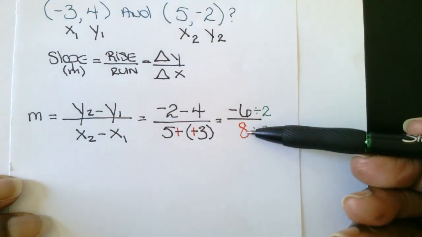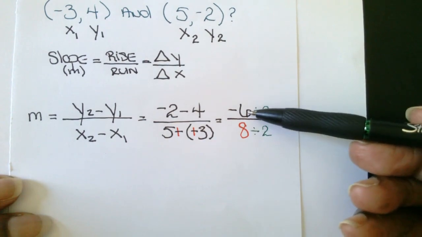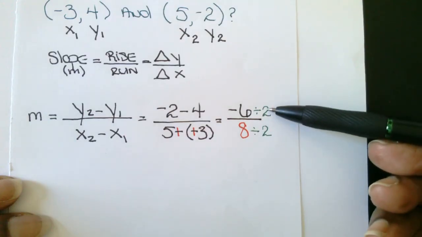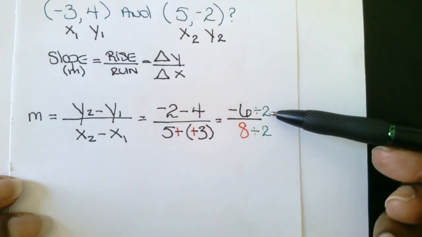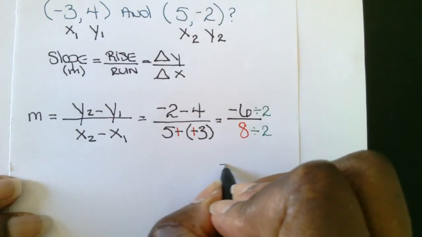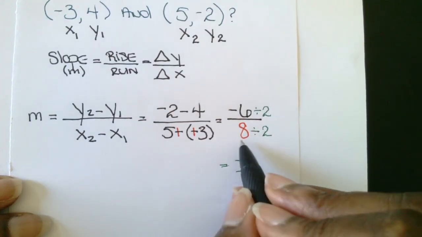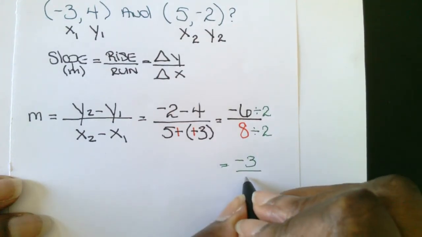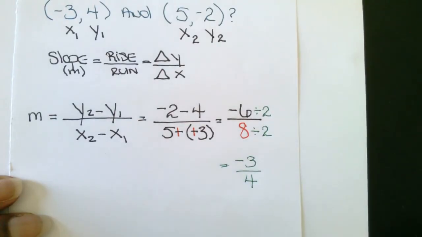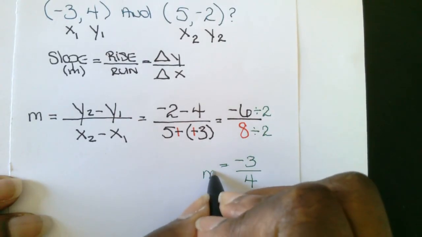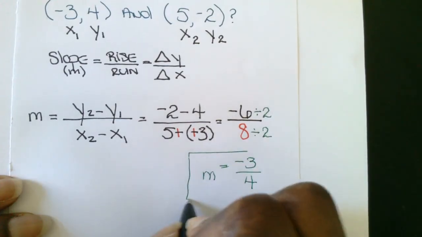The 8 is divisible by 4, but not 6 evenly. So that's why we're using 2. Negative 6 divided by 2 gives me a negative 3, and 8 divided by 2 gives me a positive 4. So your slope is going to be a negative slope.